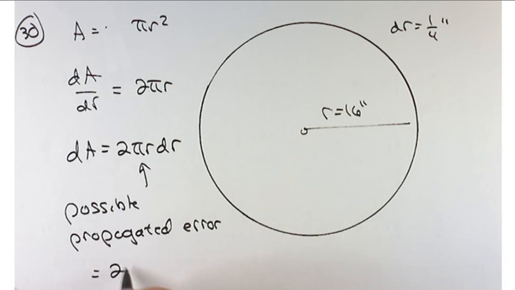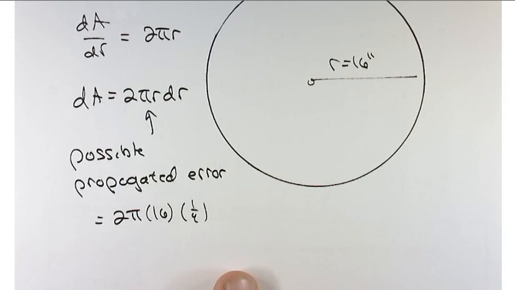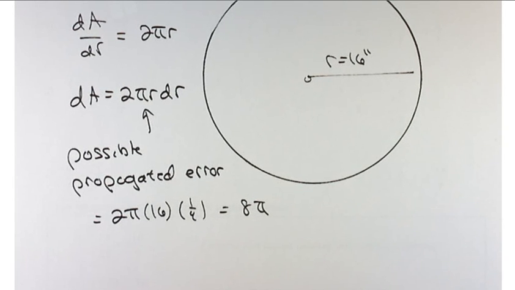So it's going to be 2 times pi times 16 times 1/4 of an inch. So that's going to give you 8 pi as your possible propagated error. Okay, not bad.